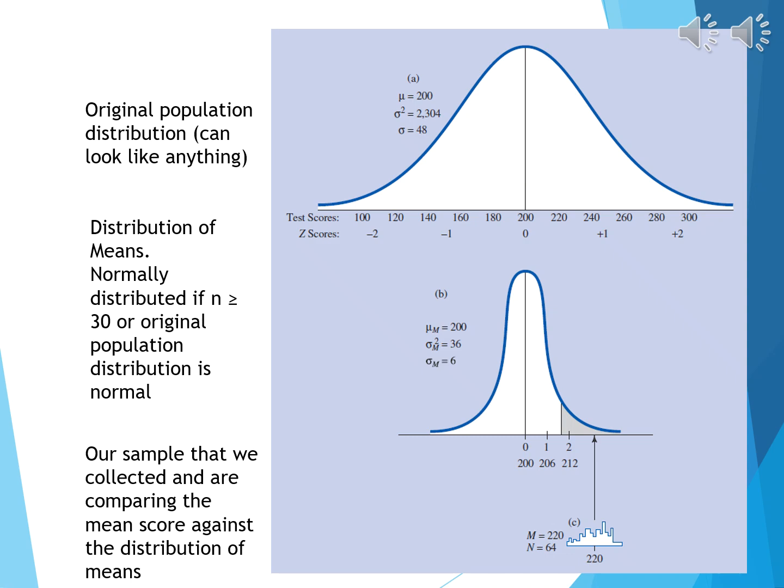The standard deviation of the distribution of means is equal to the standard deviation of the original population divided by the square root of your sample size. And that's standard error. We just saw that on the previous slide.